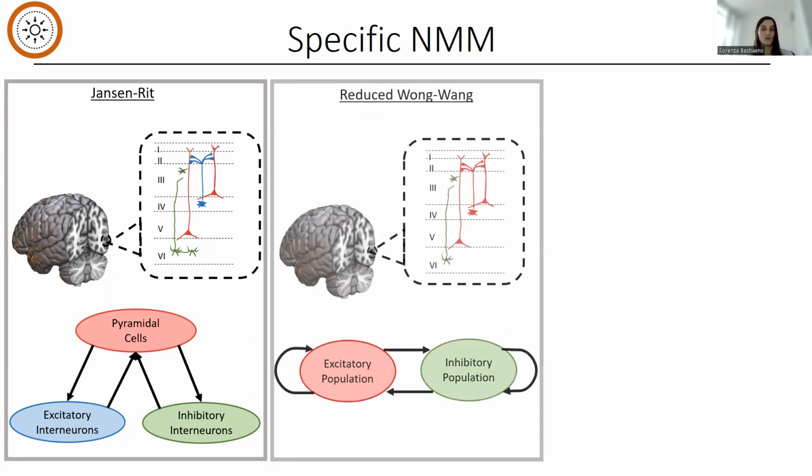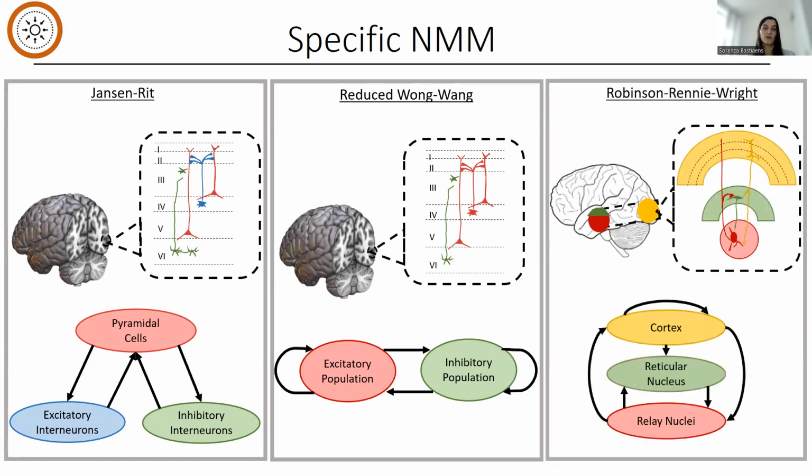We then have the reduced Wong-Wang model that was developed by Deco et al., which can be either composed of 1 or 2 populations, and the output of that model is usually transformed to then replicate fMRI data when it is integrated into a network. And then we have the Robinson-Rennie-Wright model, which is a cortical thalamic model. And this was originally a neural field model, but when spatial uniformity is assumed, it can be likened to a neural mass model.